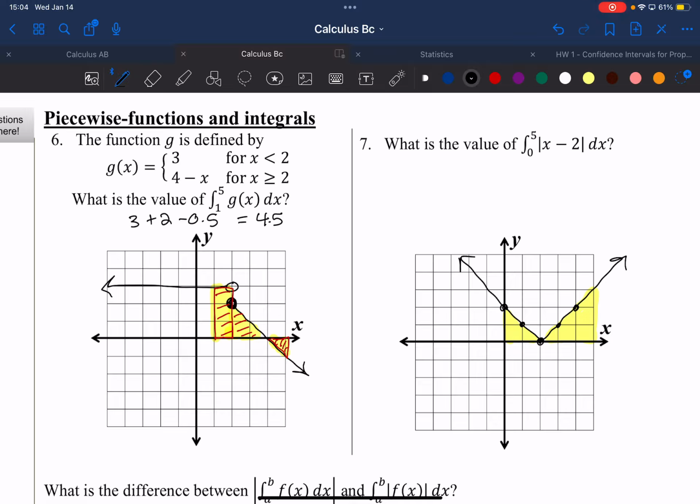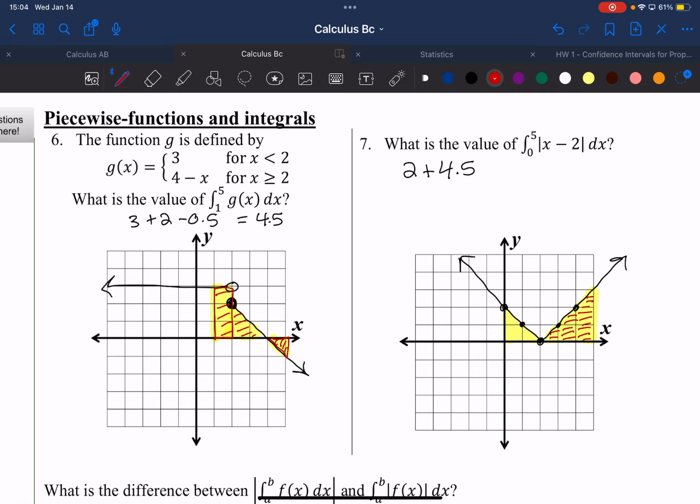Again, since we're assuming these are 1 by 1 boxes, what would be the area of that first triangle? 2. So this is 2 plus, and then the area of the larger triangle? 4.5. Because look, here's 1, 2, 3. These two halves make 4, and then this half is 4.5.